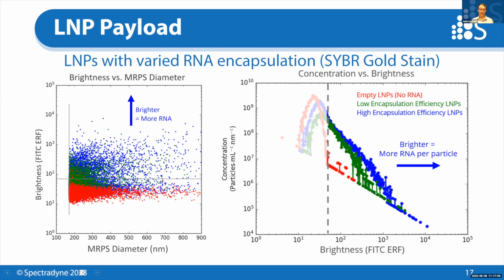So this is a unique insight now into the encapsulation process of LNPs for this very common application in nanomedicine. Where before we could only do bulk assays to try and infer how much payload was being incorporated in the particles. Now we can actually measure that on a particle by particle basis.